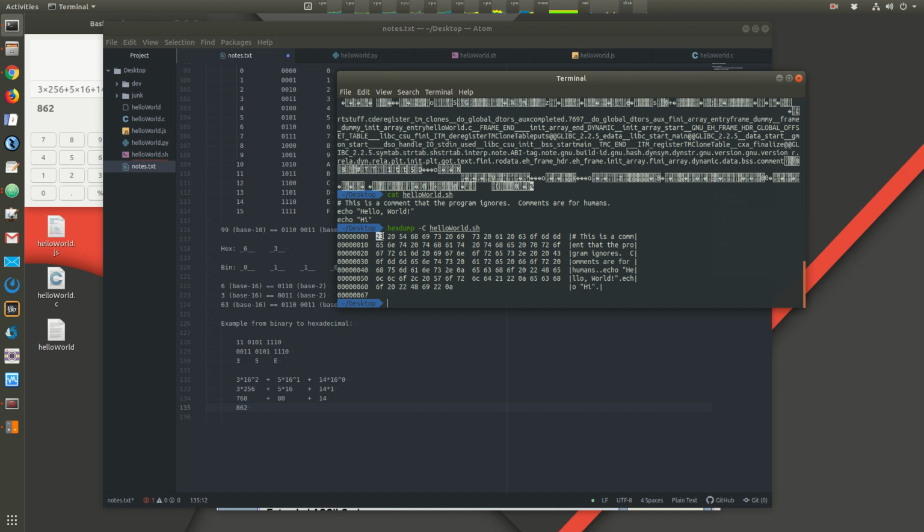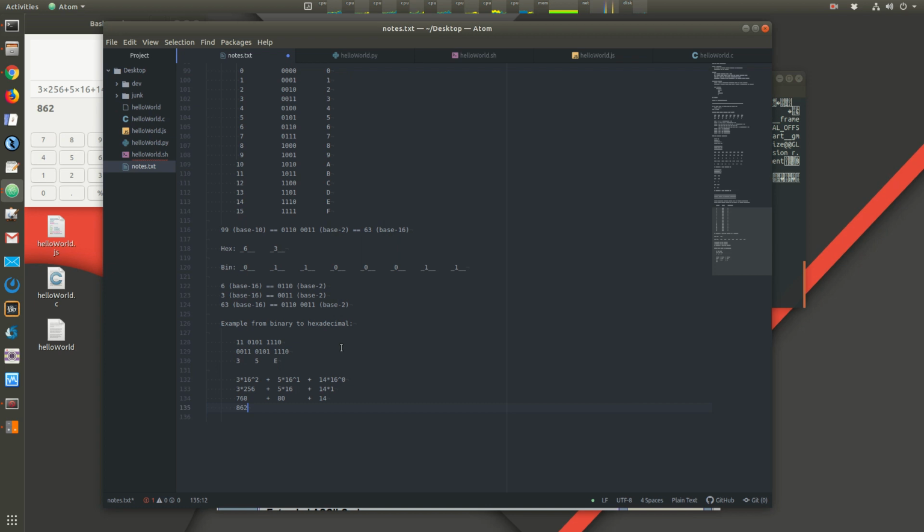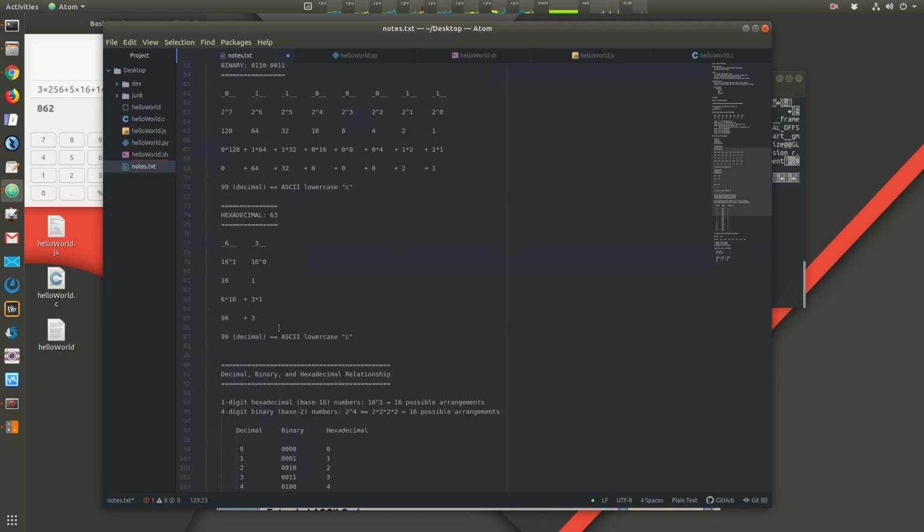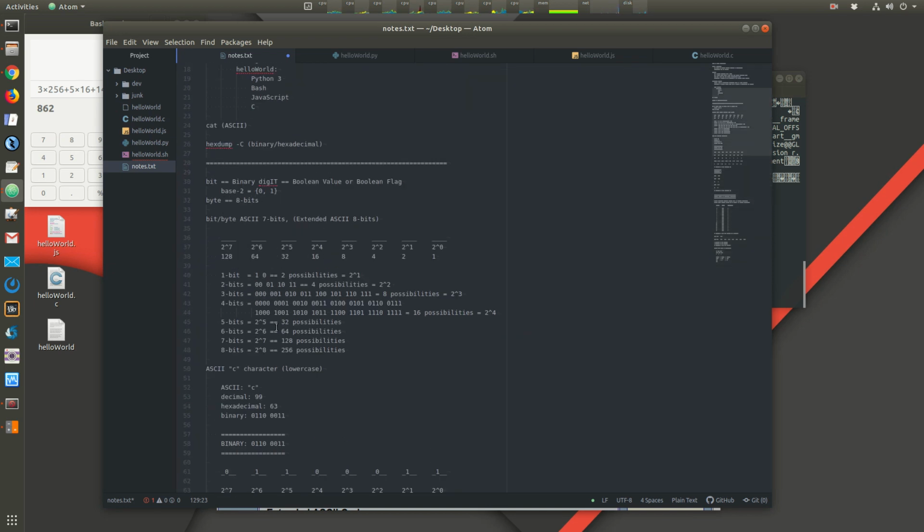These 2 hexadecimal digits are a byte. So up here, when we were talking about a byte equals 8 bits, it also equals 2 hex digits.